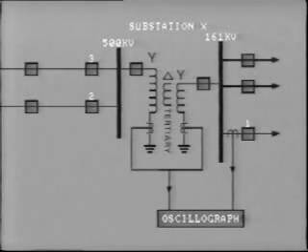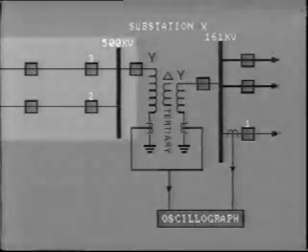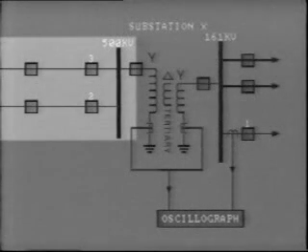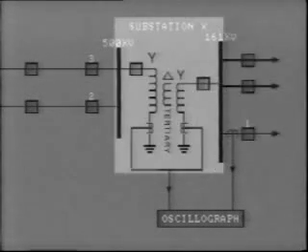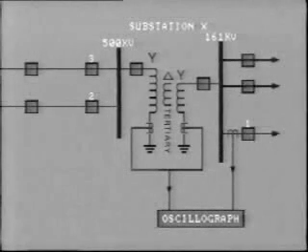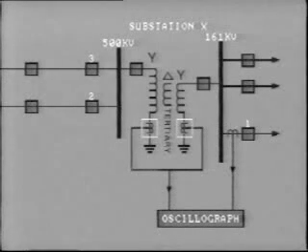In this simplified one-line diagram, a high-voltage 500 kV transmission system is connected to a 161 kV sub-transmission system through substation X. The YY transformer is equipped with CTs in the grounded neutral leads on both the high-voltage and low-voltage sides.